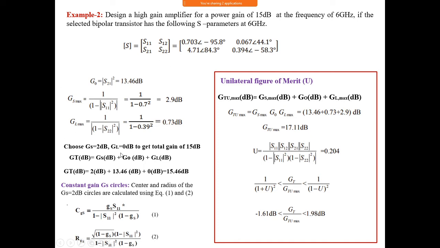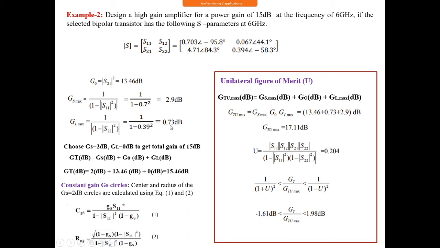So in the previous class we chose GS as 2 dB, and G naught we got as 13.46 dB. GS we chose as 2 dB, and GL we have taken as 0 dB because the maximum we can get is only 0.73 dB.